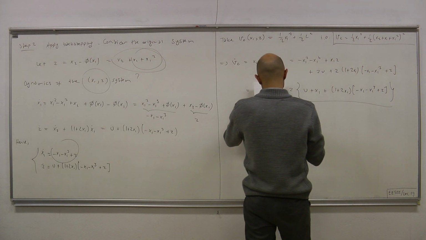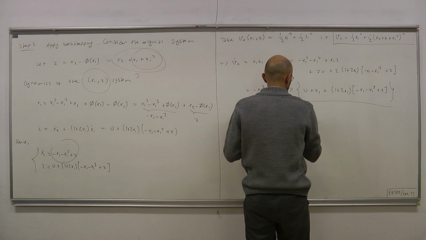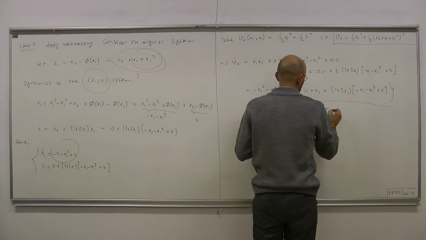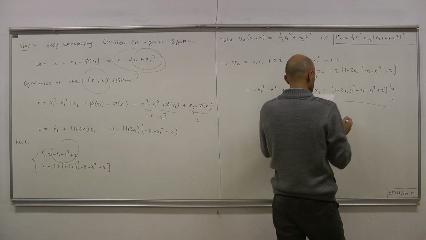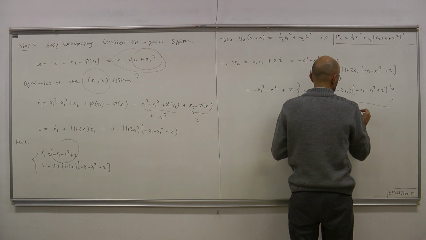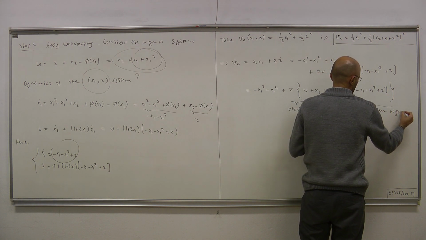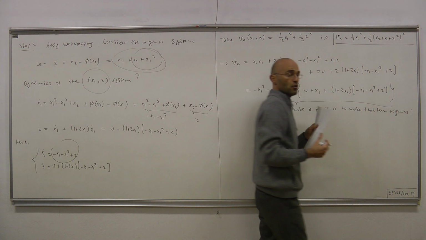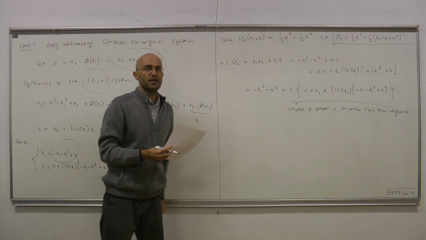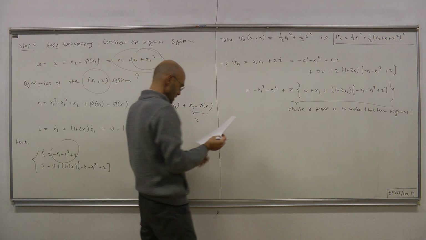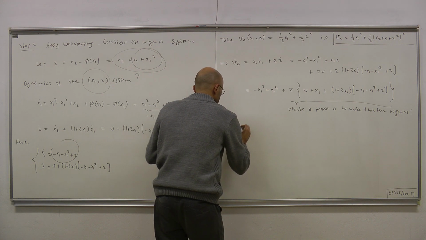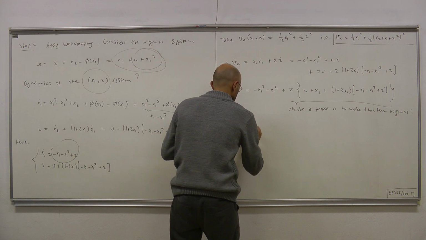So choose a proper control input to make this term negative so that overall Vc dot is negative definite. Let therefore u equal minus x1 minus (1 plus 2x1)(minus x1 cube plus z), then add a minus z.